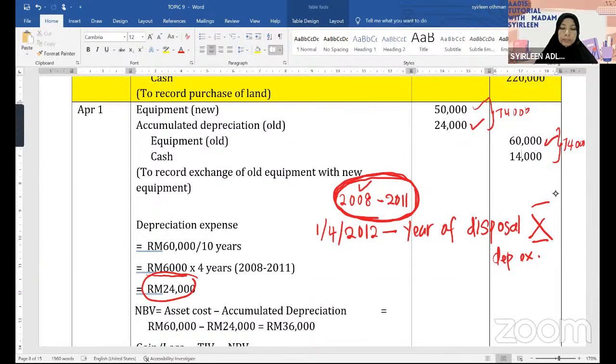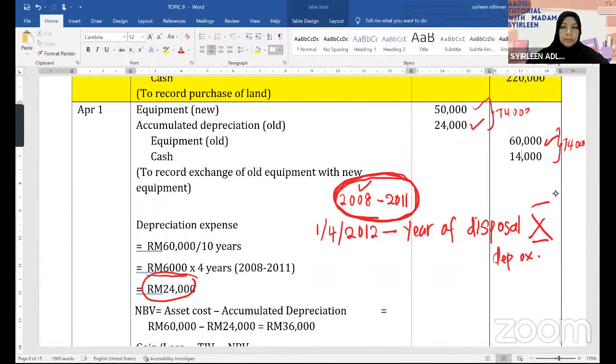So gain on disposal ni akan masuk dekat mana? Gain on disposal ni akan masuk dalam income statement di bahagian revenue. Okay, additional revenue. Okay, tapi since here kita guna yearly basis, so yearly basis tidak ada sebarang gain ataupun loss.